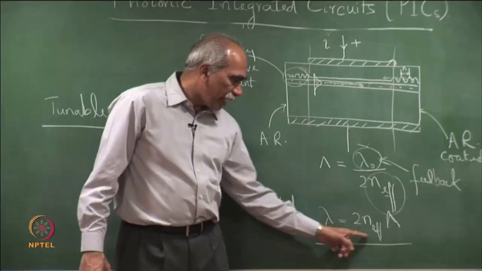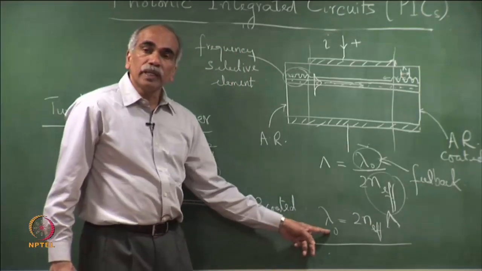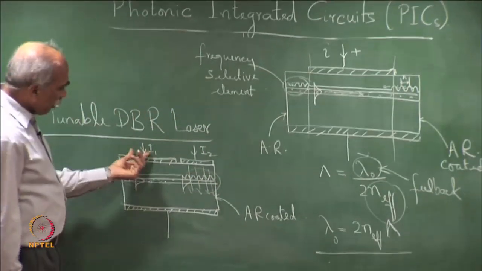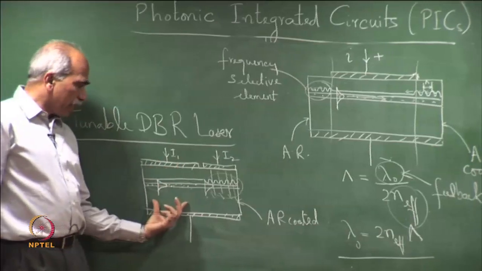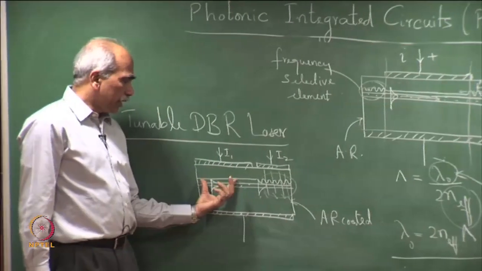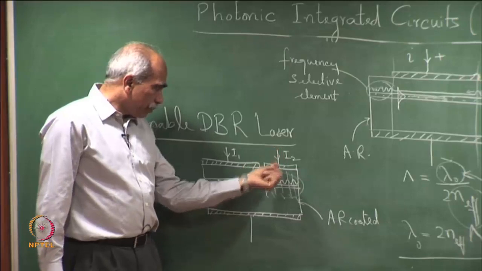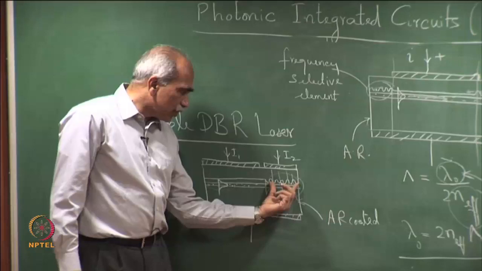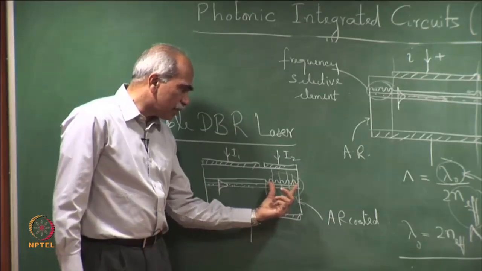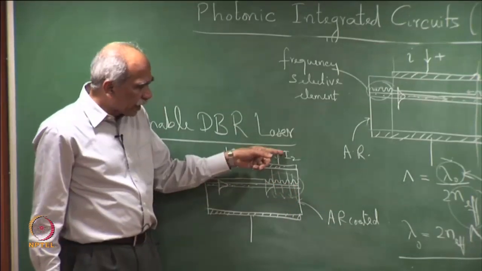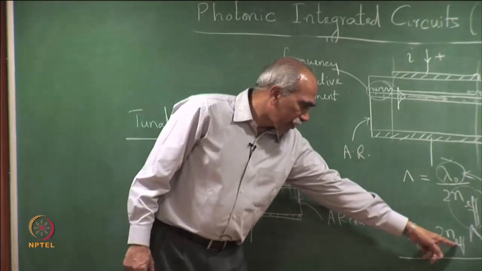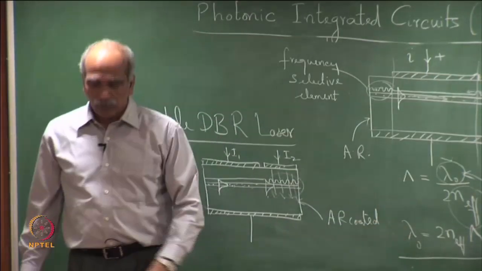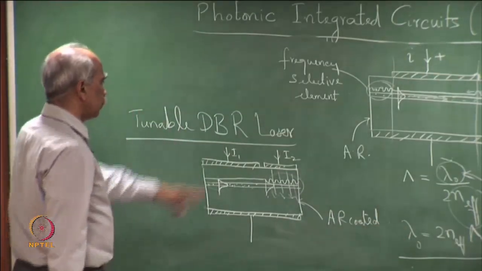By changing this N effective, it is possible to vary the frequency of oscillation. So, we have two different currents here, one current determining the power and the gain in the medium. The second current determines the injection of carriers, so that the variation of effective refractive index in this region is determined by the second current, and therefore N effective is controlled by the second current, and the output frequency is controlled by the second current I 2.